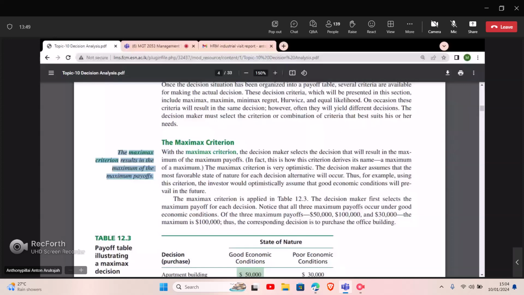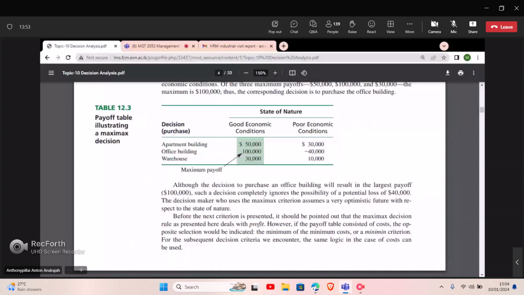Out of these, for purchasing the apartment building, what is the maximum? 50,000. Office building, what is the maximum?